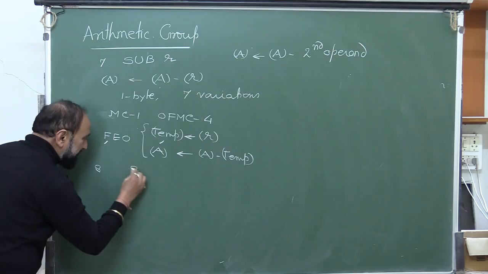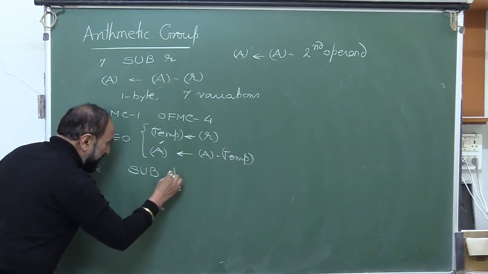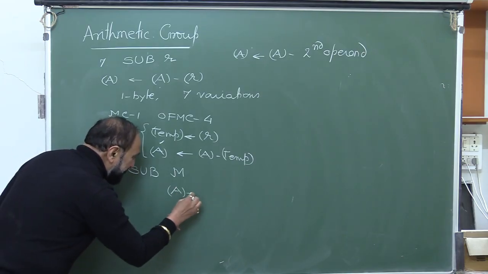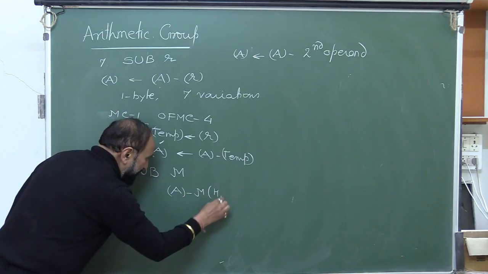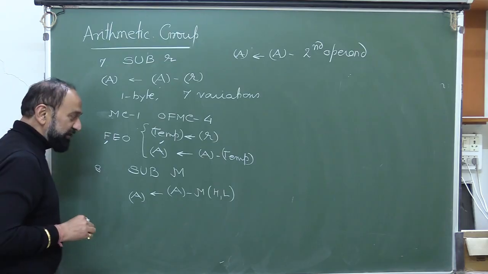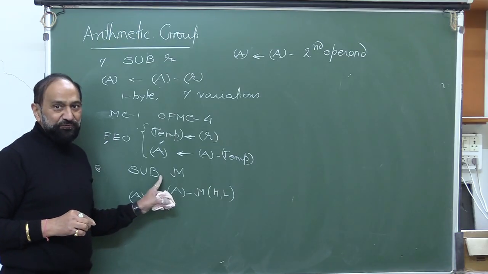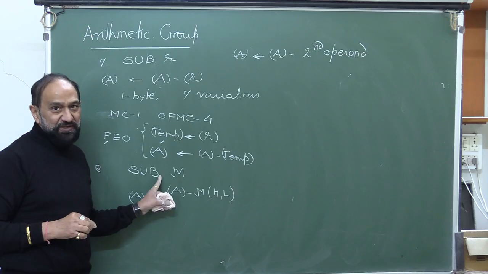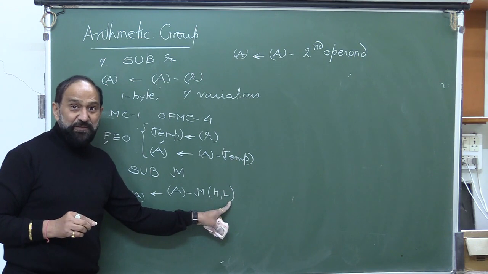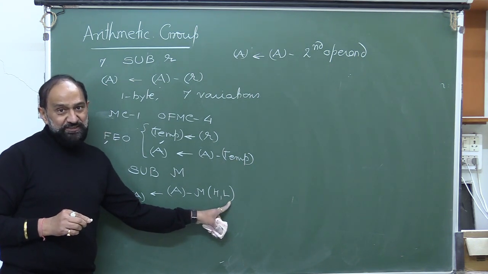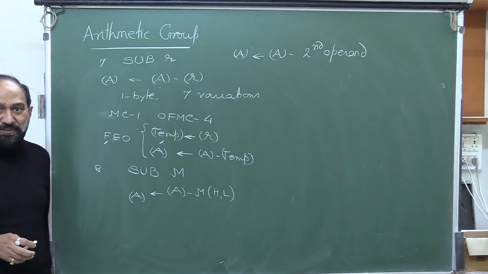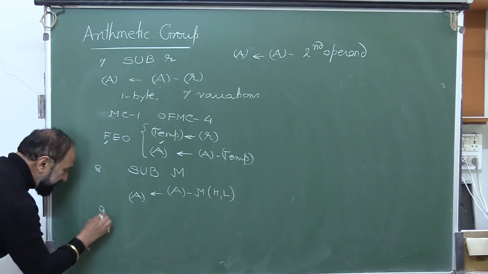The second operand may be present in a memory location pointed by the HL register pair. So it is accumulator minus the memory pointed by HL and the result is stored in accumulator. First, in the opcode fetch machine cycle, the instruction is fetched and decoded, then this operand is read in a memory read operation and put in the temporary register, and then during fetch execute overlap the instruction is executed.